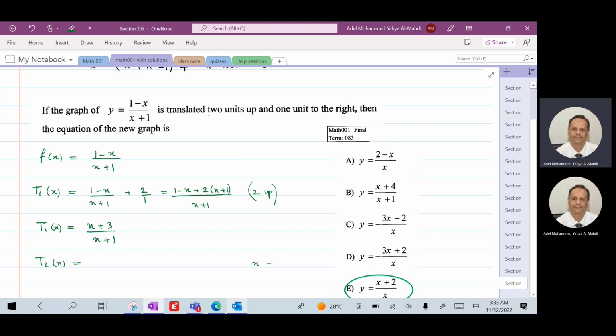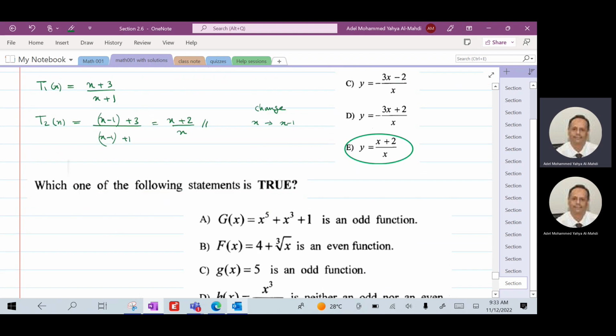We change every x by x minus 1. So in this case, we will have x minus 1 plus 3 over x minus 1 plus 1, simplified is going to be x plus 2 over x. And this is the one in E.